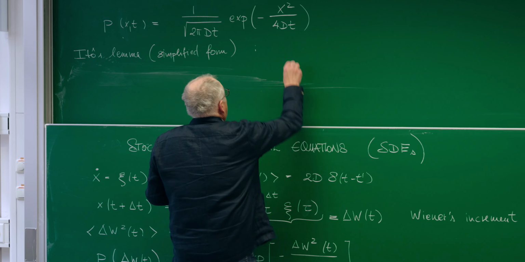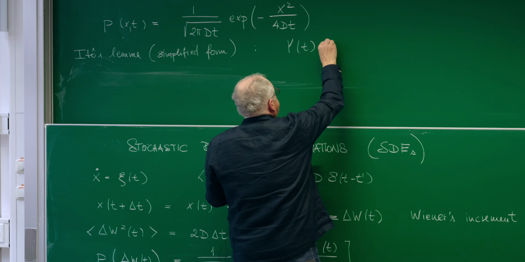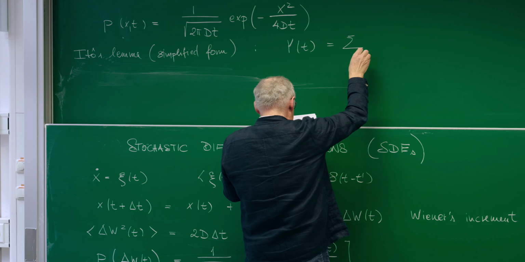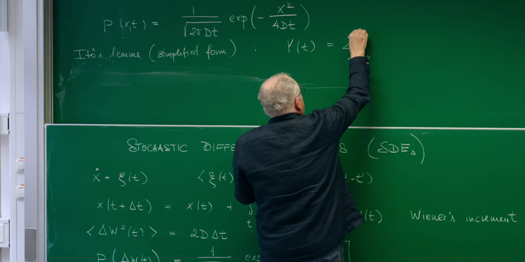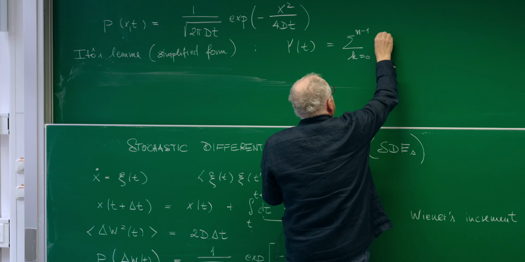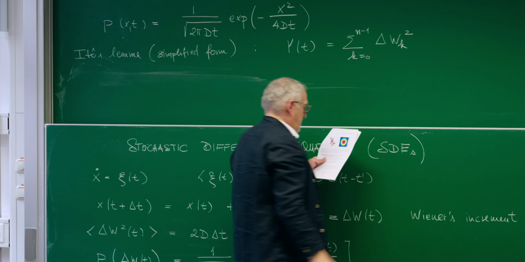So let's define this variable y of t, which is this sum from k equals 0 to n minus 1 of delta w_k squared.